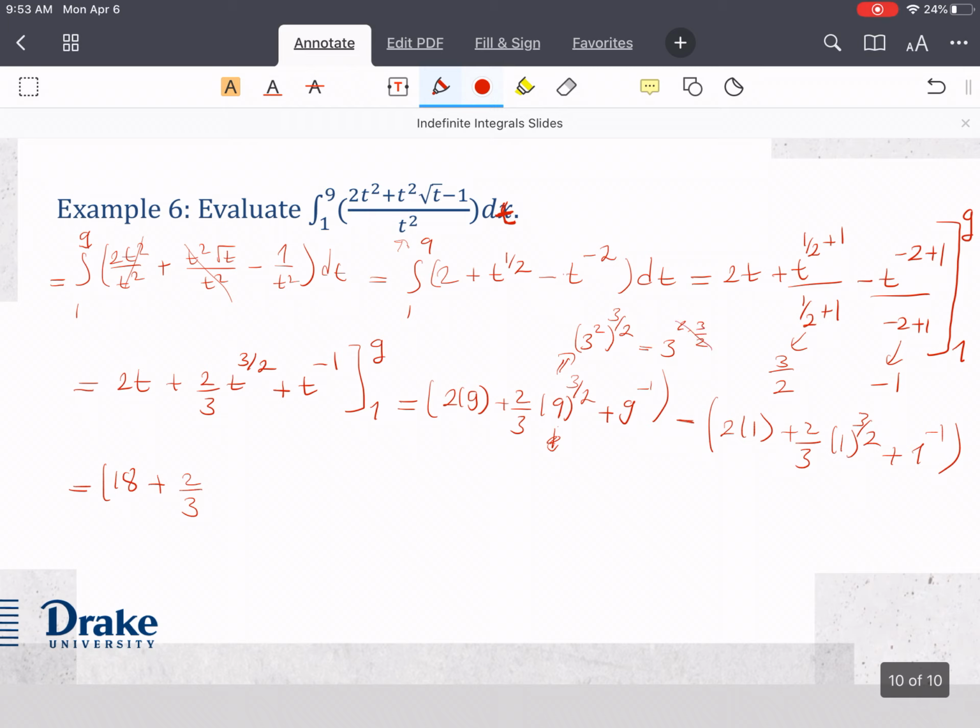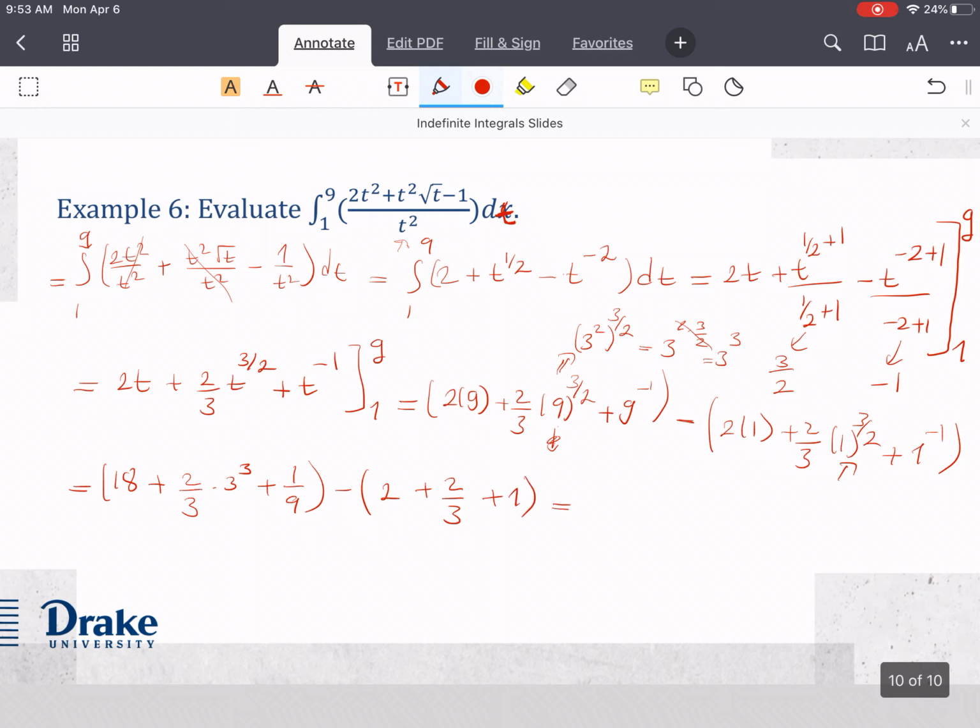And you guys notice the 2's will cancel, so this will just be 3 cubed. So then we have 2 over 3 times 3 cubed plus 9 to the negative 1, which is 1 over 9, minus 2 times 1 is 2 plus 1 to any power is just 1, so 1 times 2/3, plus 1 to the negative 1, which is 1 over 1, the same thing as 1.